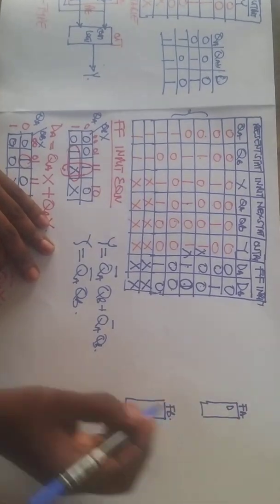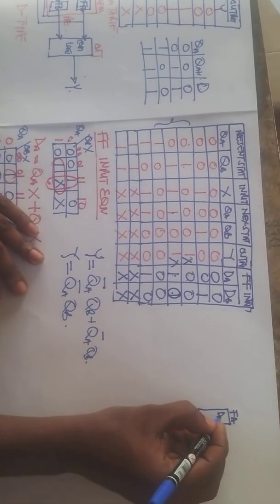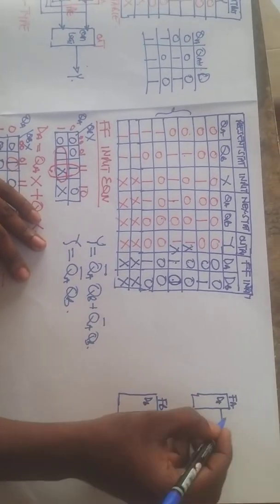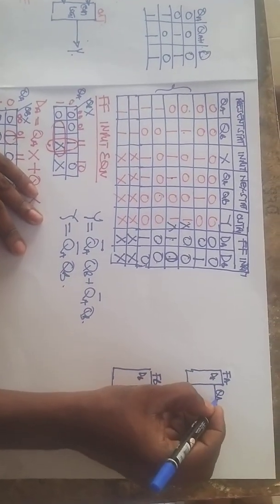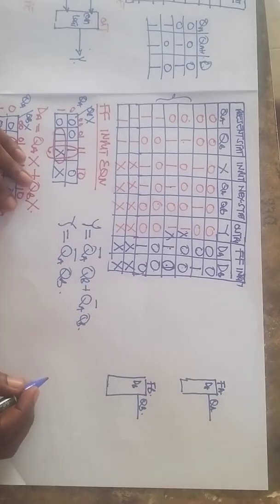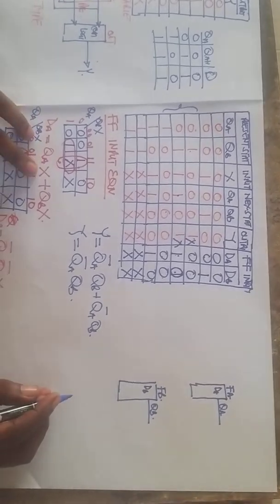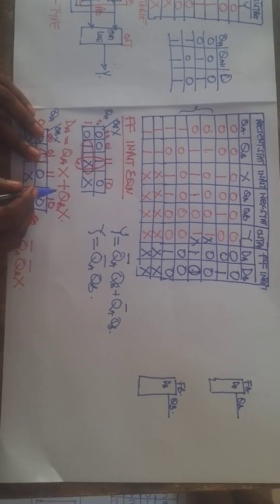I have my D input here, this DB and this DA, right? I have my output QA, my output QB. Okay, so let's see what's the input to DA. DA is QA X plus QB X. So now we can do something here, right?